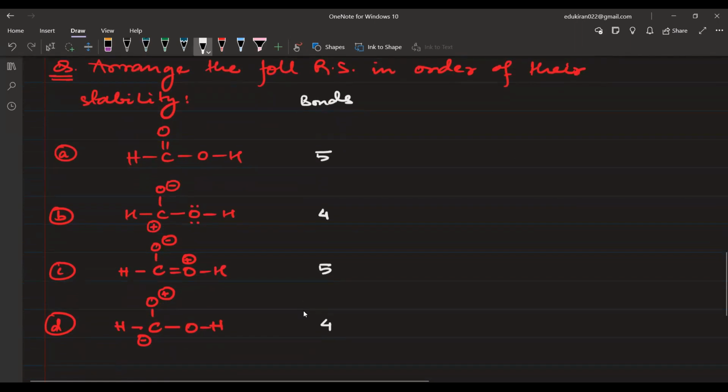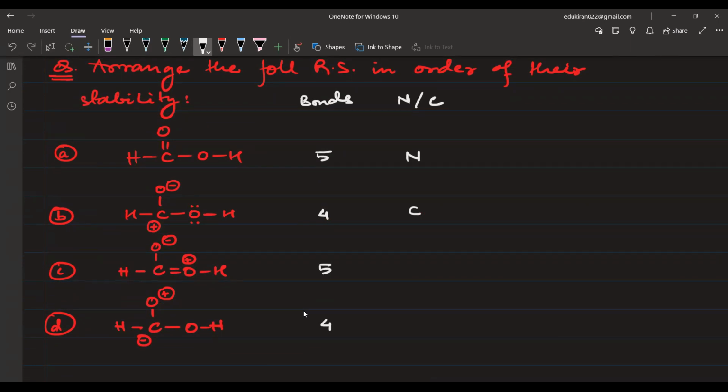हाँ, तब बताइए. In A and C, this is neutral or charged. Tell me. A is neutral. B क्या है? Charged है, neutral है? Charged. C is what? C क्या है?